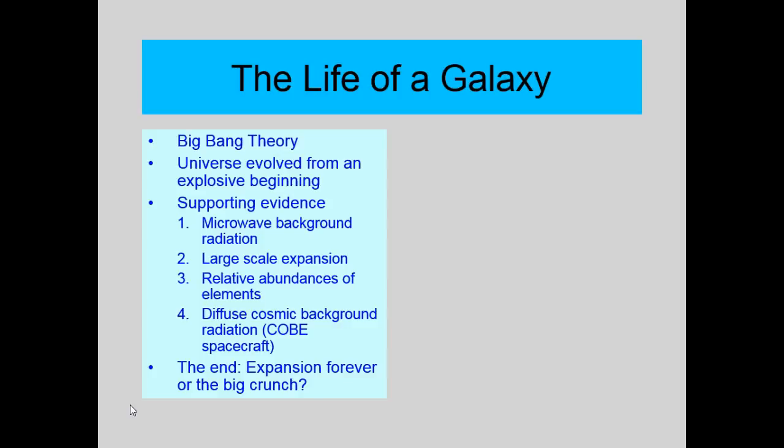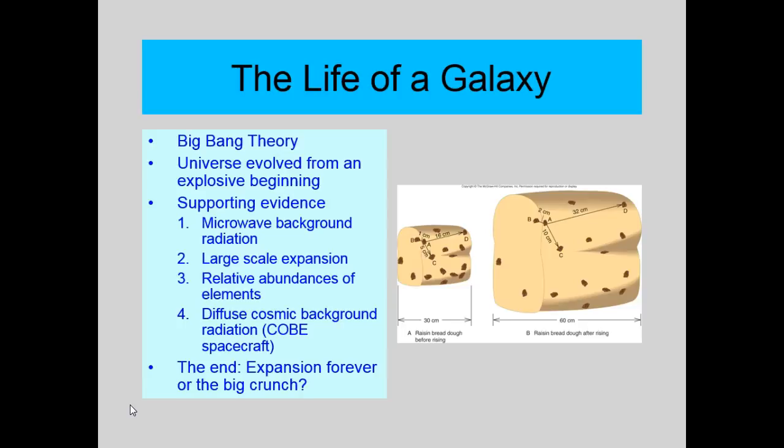Now, here's a model, and this is just a model of how people have described this. Let's just say you're making raisin bread, and you wadded it up and set it aside, and you've got raisins evenly distributed throughout the dough. And then you set it on the stove top, but not baking it yet, and let it rise because there's yeast in there.